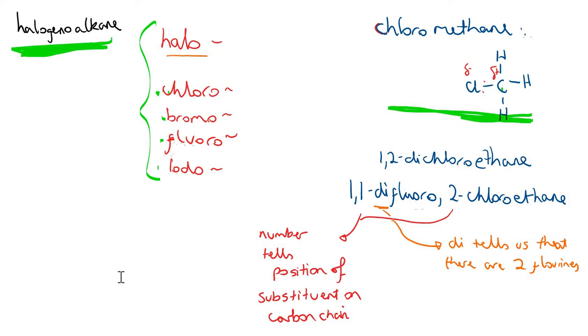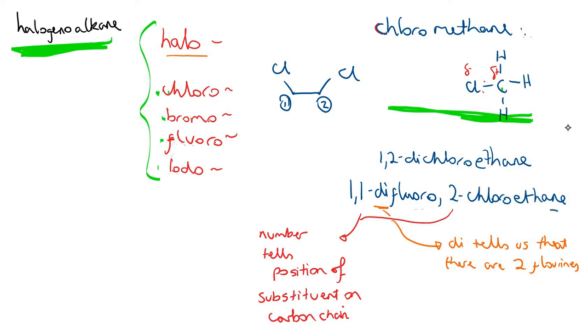And that's called chloromethane. If we step up the complexity then, we have 1,2-dichloroethane. So ethane means there's 2 carbon atoms, like that. 1,2 means there's a chlorine coming off carbon number 1 and carbon number 2. So that's 1,2-dichloroethane. The next one, 1,1-difluoro-2-chloroethane.